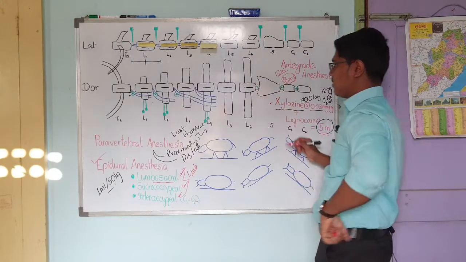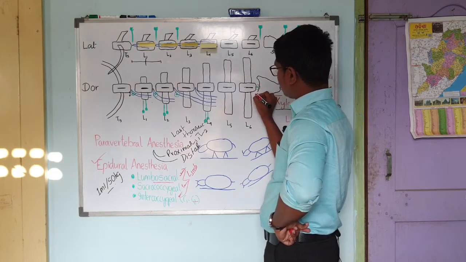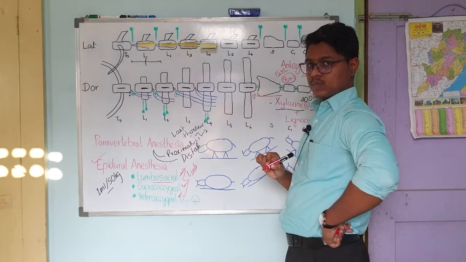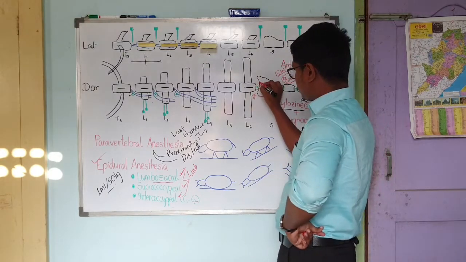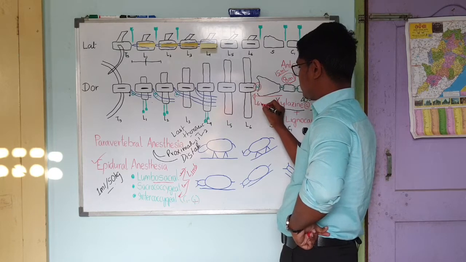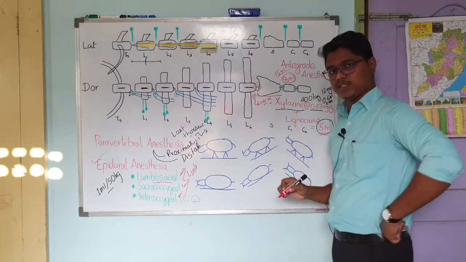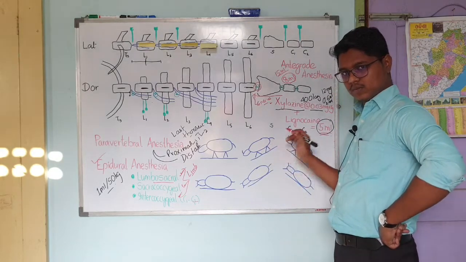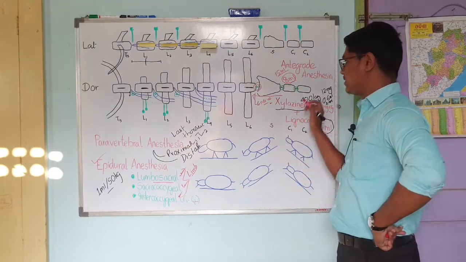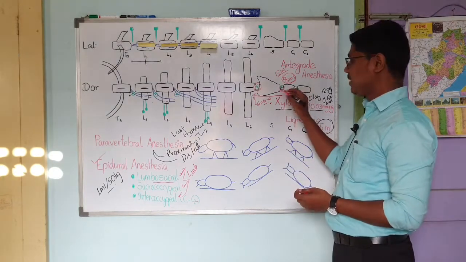What will happen? The anesthetic will migrate cranially. Then it will reach and block the L6 nerve, and you will get anesthesia in the limbs. This is the technique for doing limb surgery.